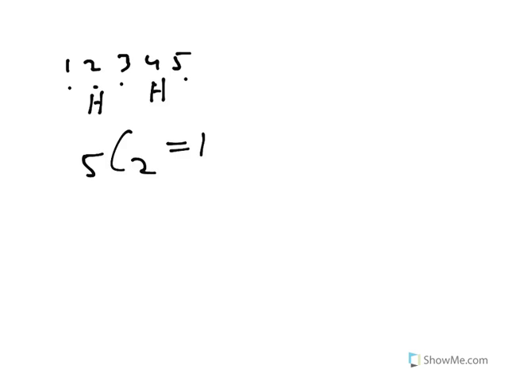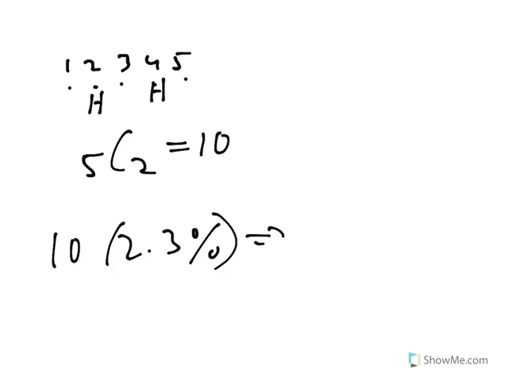Well, that comes from the last lesson. If there are 5 coin tosses that are going to happen, I want to pick 2 of them to be heads. In other words, 5C2 is equal to 10. So the answer to this question is 10 times 2.3%, which is about 23%.